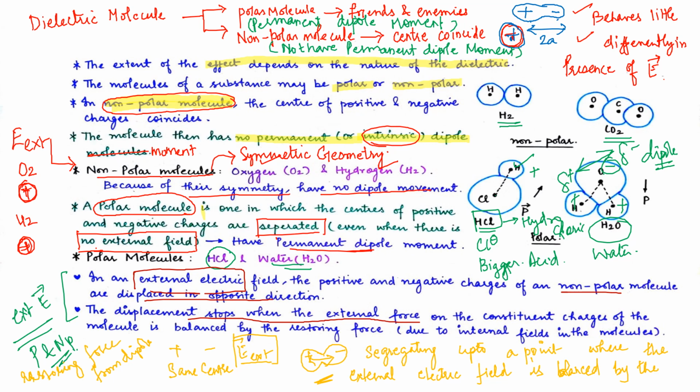These positive and negative ions or charges will stop moving more apart. So that will be the exact length of the dipole. This will inhibit excess length. So it will only get stretched until the restoring forces are balanced with the given external electric field.